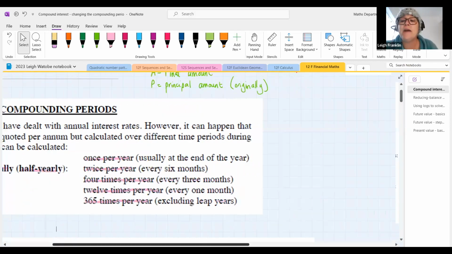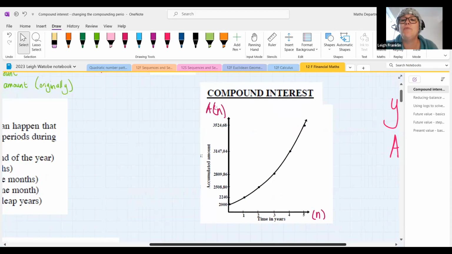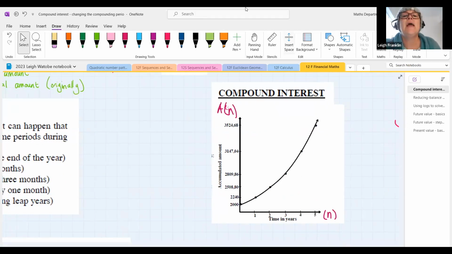The other thing that I want you to understand before we go on any further is what compound interest actually looks like if we draw it on a graph. It is an exponential function, essentially. So I'm going to write these things in for you again.